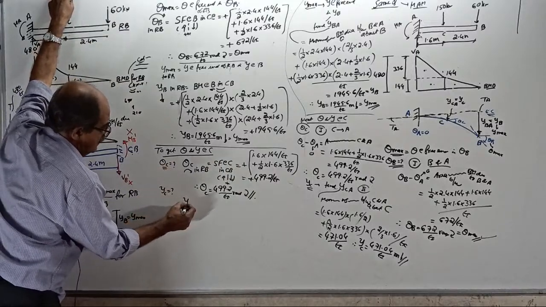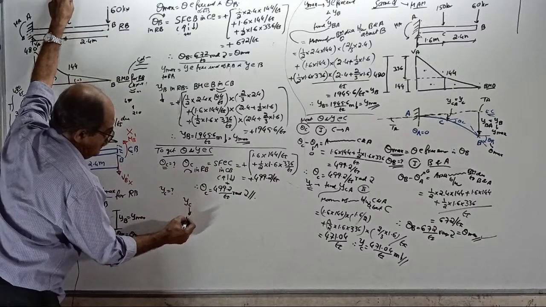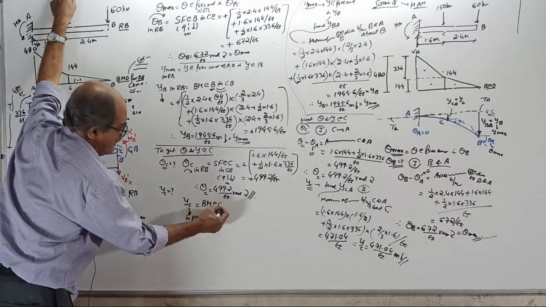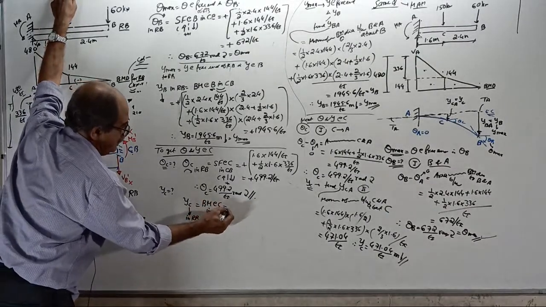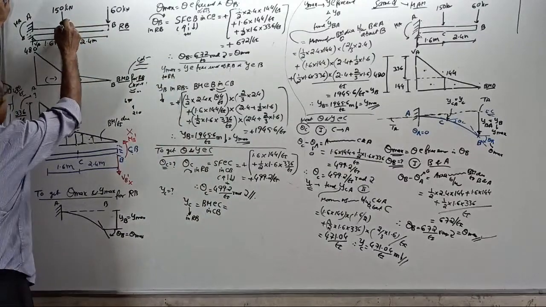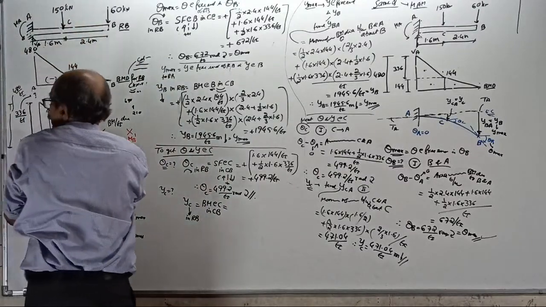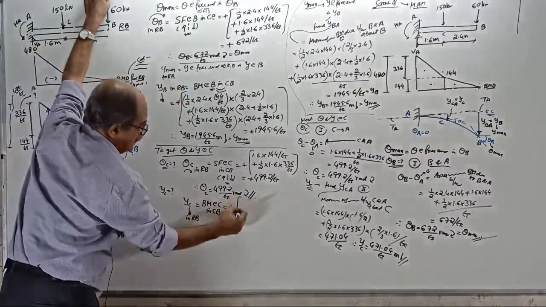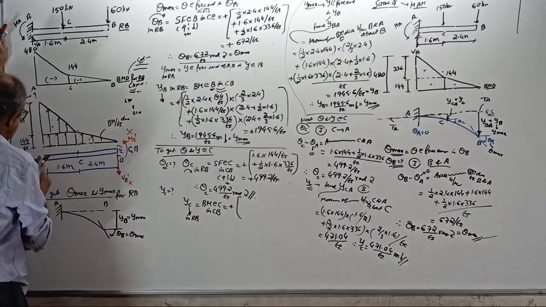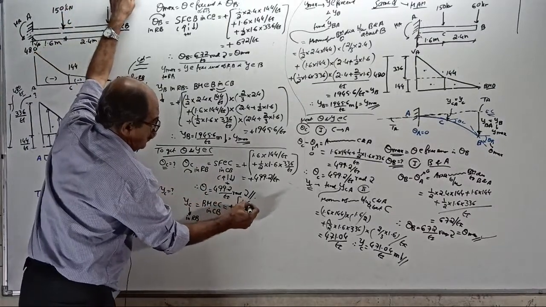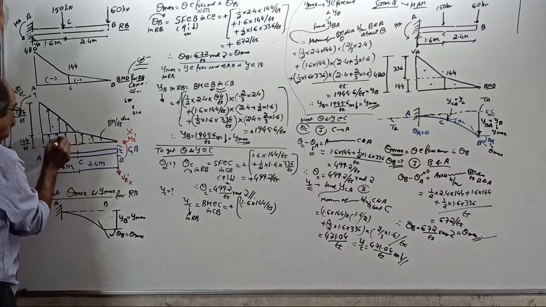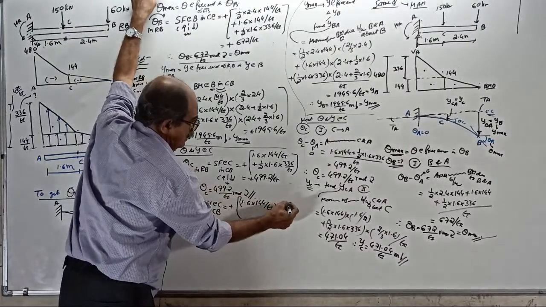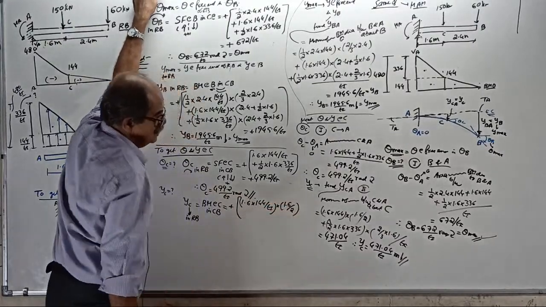Lastly, you want deflection at C. Deflection at C downward in the real beam is equal to the bending moment at C in the conjugate beam. Deflection here is bending moment here. Look at this side. Both are sagging, plus. This load 1.6 into 144 into the CG, BM at C, is 1.6 by 2.